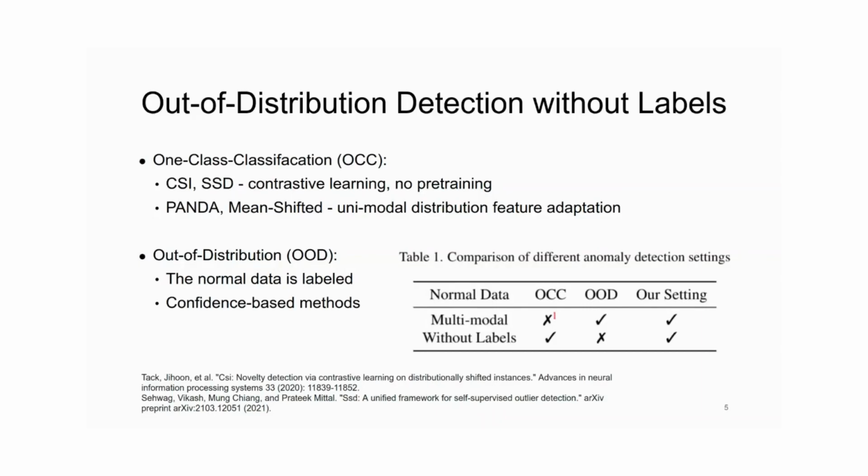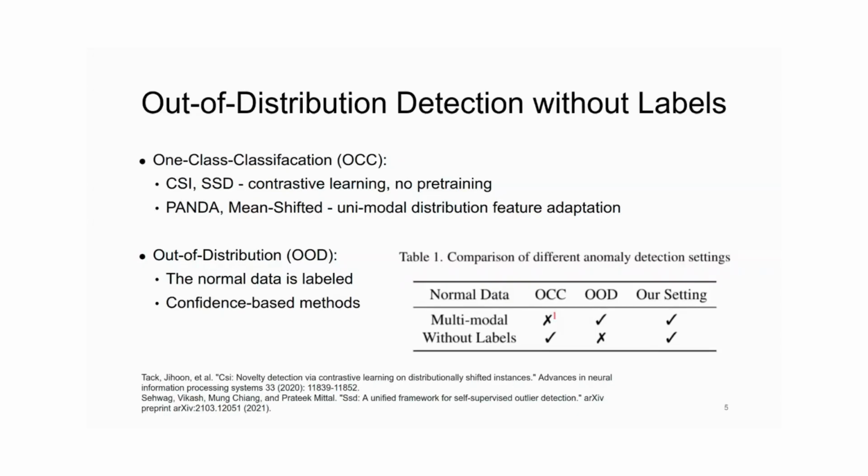And other works, such as PANDA or Mean-Shifted, rely on very large datasets, such as ImageNet, to learn strong pre-trained features, which are useful for many other visual tasks, and adapt these features to the specific dataset that we want to detect anomalies with respect to.